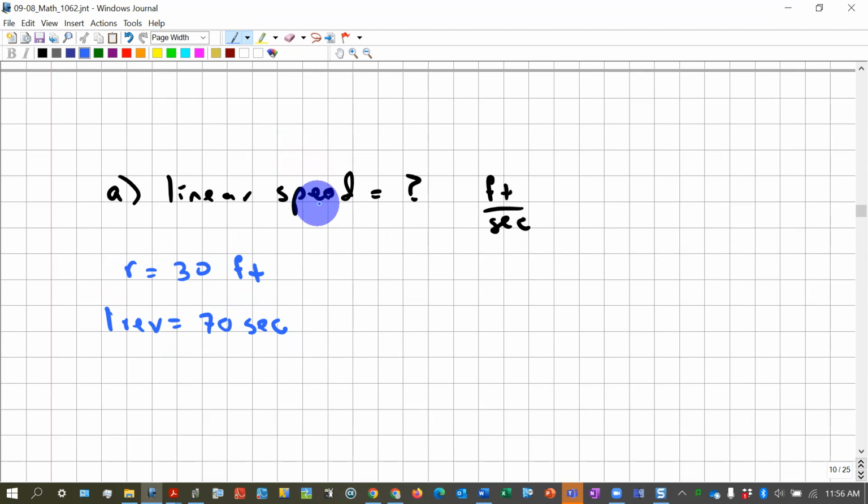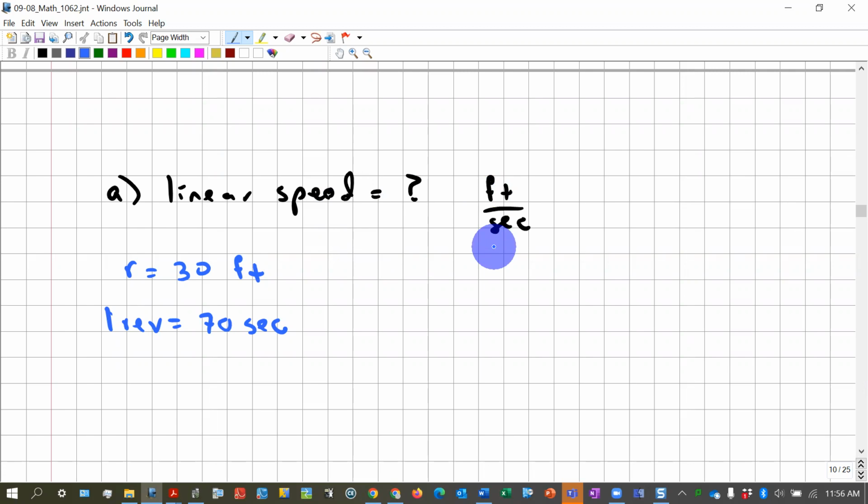When the question is asking you for a speed or a velocity, that's always a rate. It's always a fraction, some kind of units divided by units of time. Usually time, doesn't have to be time, but usually is time. If they are asking for a speed, you need to start with a speed.